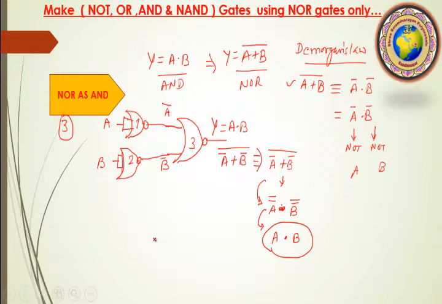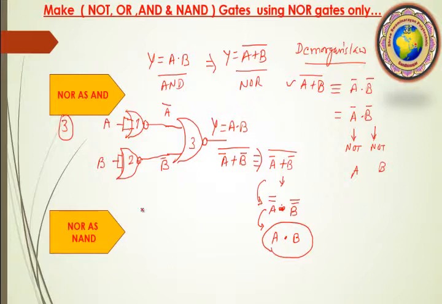Okay, this is simple. So what can I do first? I convert the plus to dot by using De Morgan's law, check that this form is available, then put it here and simplify. This is equivalent to this particular gate.